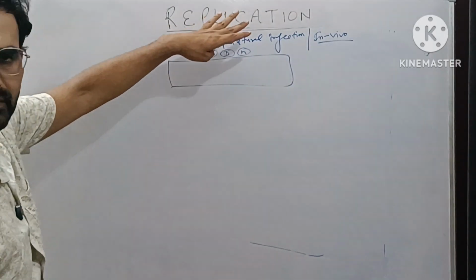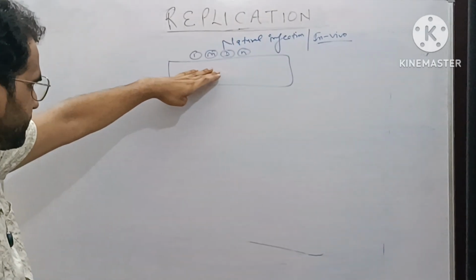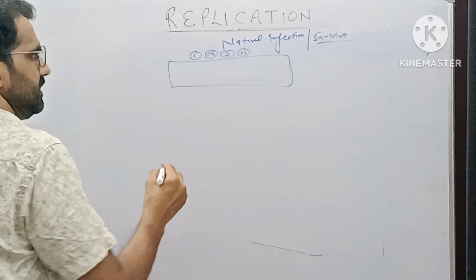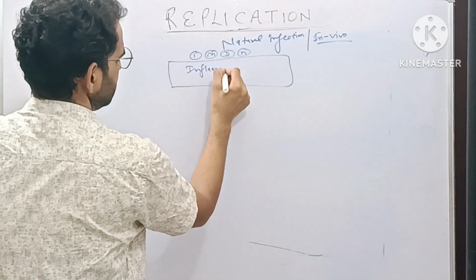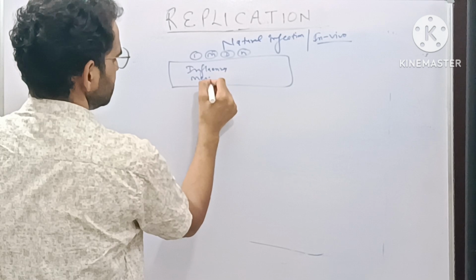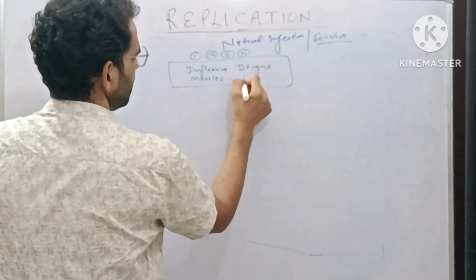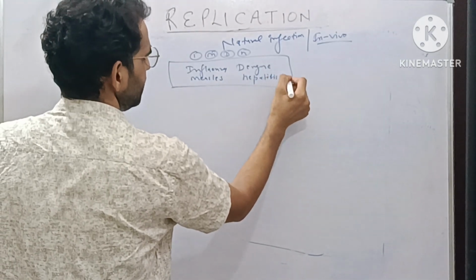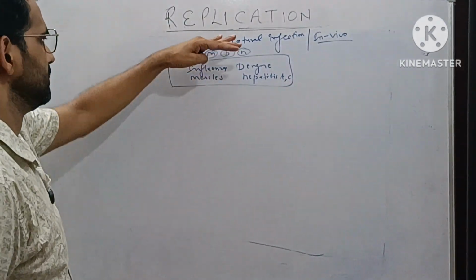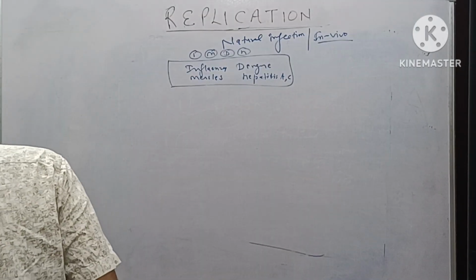So there are some viruses which show defective replication. I means influenza, M for measles, D for dengue, and this is hepatitis A and C. So these viruses infect the cell naturally.